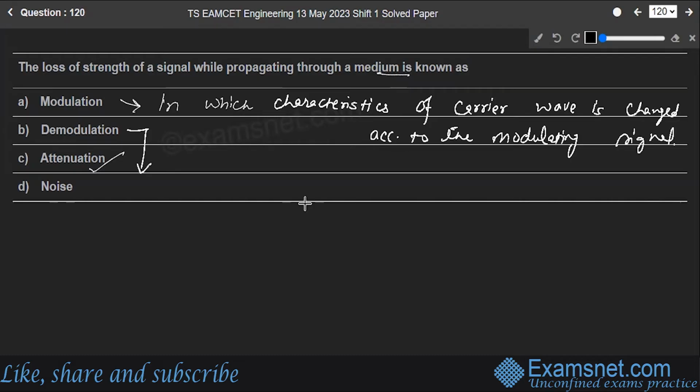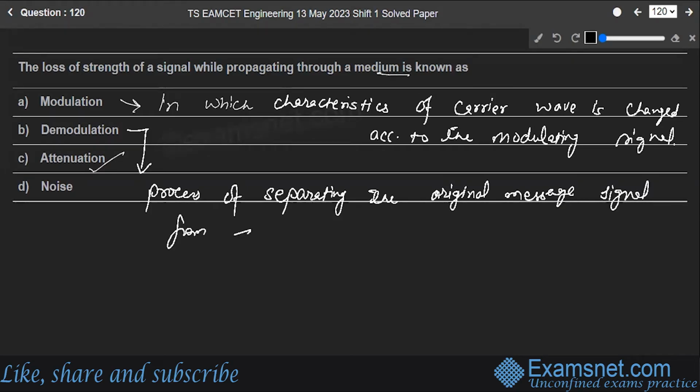And demodulation is the process of separating the original message signal from the modulated signal.